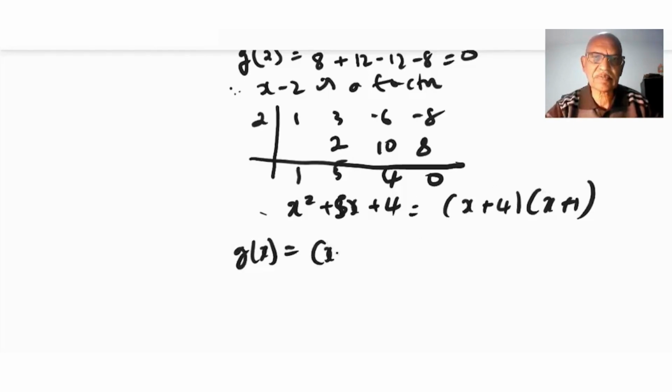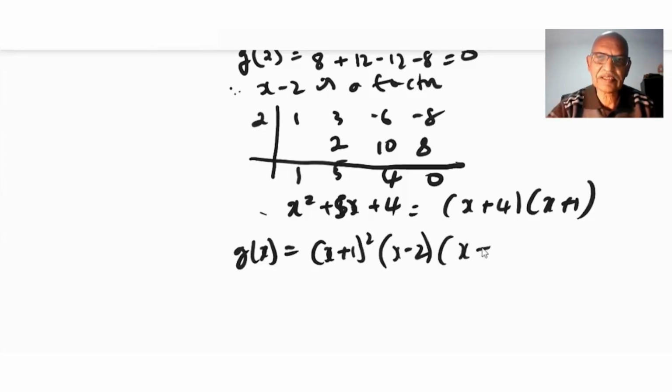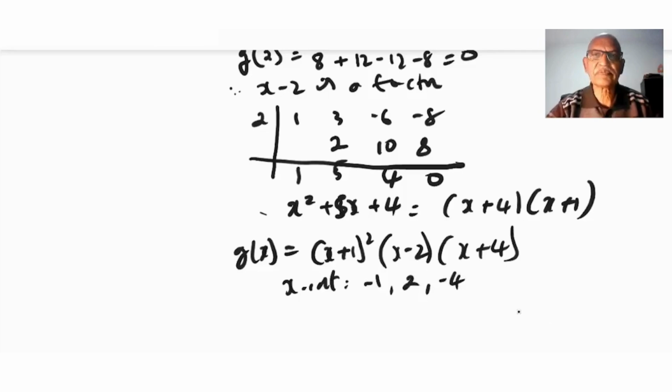So g(x) is x plus 1 squared, x minus 2, and x plus 4. And I know the x-intercepts now are, this is a double one, so negative 1, 2, and negative 4. And the y-intercept is the last number from the original one, which is negative 8.